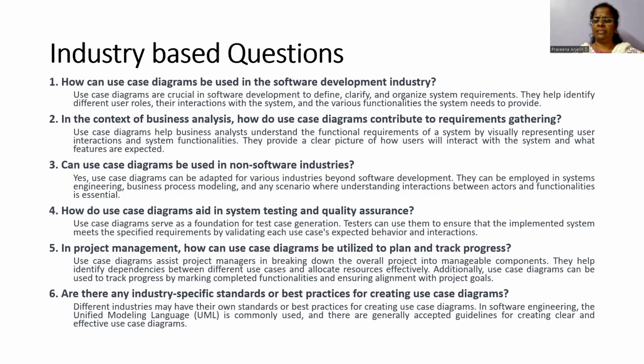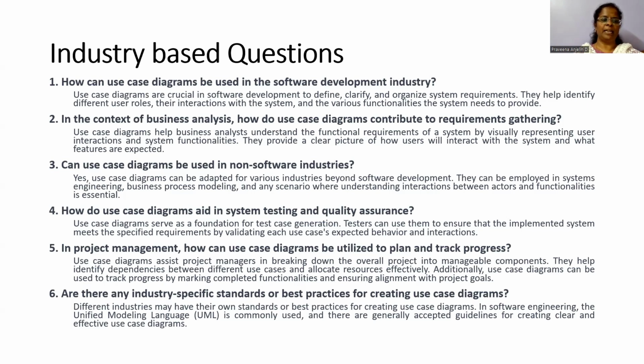So whoever is managing the project, if they see this use case diagram, they can easily understand which one has to be proceeded with first, which one has to be proceeded with next. So that kind of idea, they can plan it. Within a particular time, you have to complete the first module, second module, like that, they can plan so that they can easily track the progress.